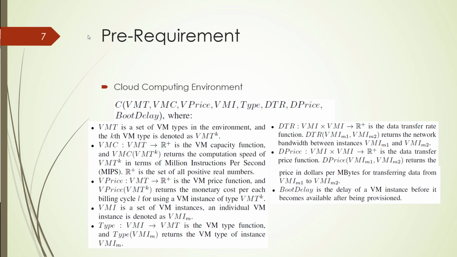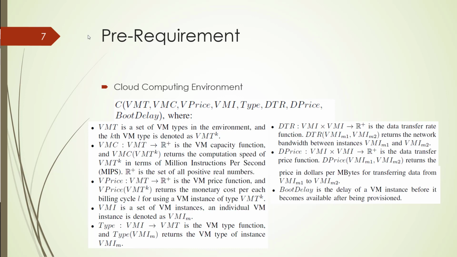It is the capacity function. So VMC of VMTk is the computation speed of the VMTk in terms of million instructions per second, which we abbreviate as MIPS. R plus is the set of all positive real numbers.